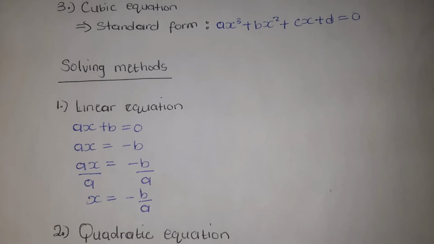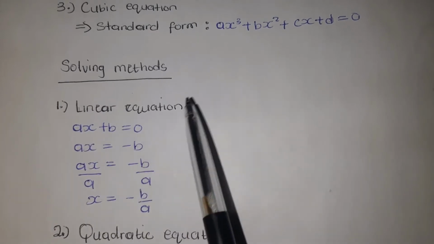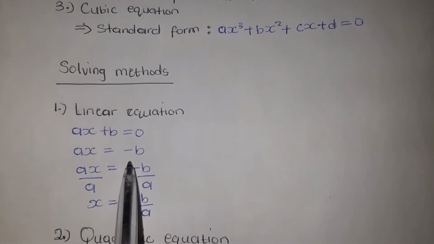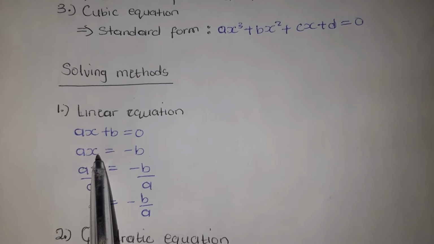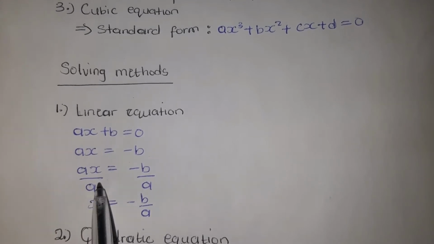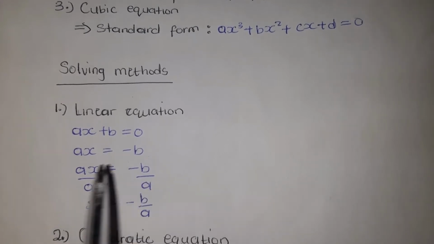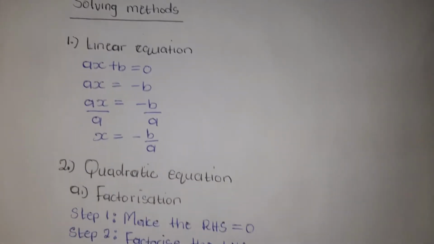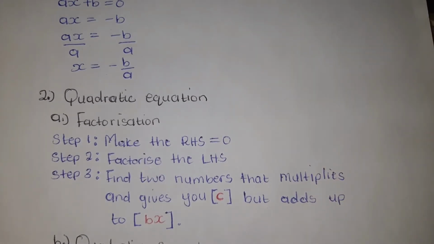So from the standard form of the linear equation, we take b to the other side and it changes the sign, and we'll be left with ax. And then we want x, so we will obviously divide both sides by a, and then x is equal to minus b over a.